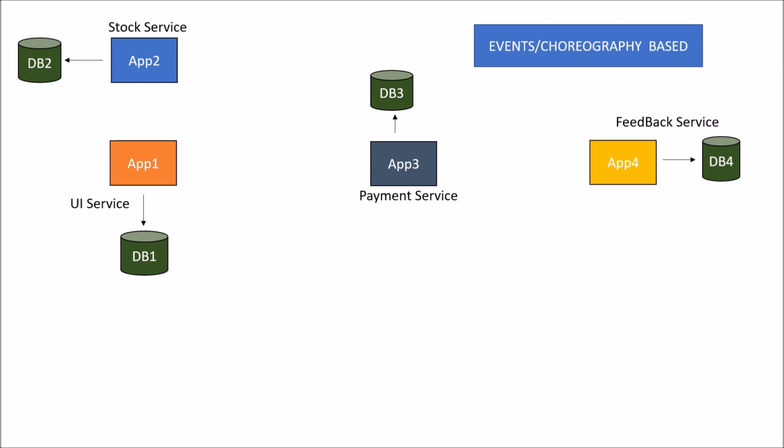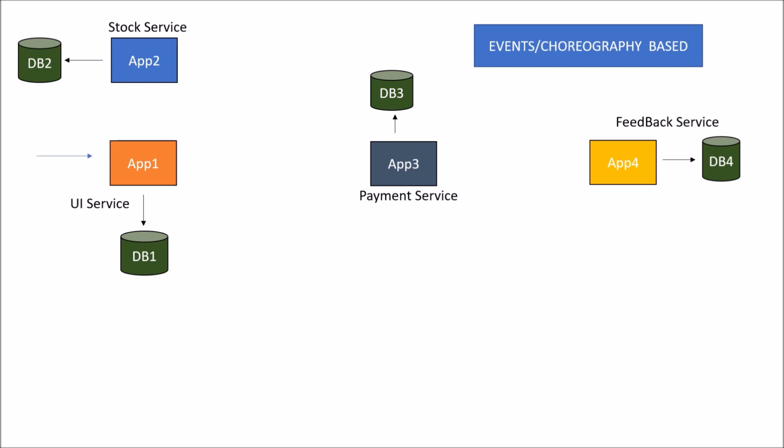In the event-based approach, each microservice generates an event and another microservice listens to that event and performs an action based on the event generation. So again here, when a user tries to purchase the stock, it first goes through the UI service.